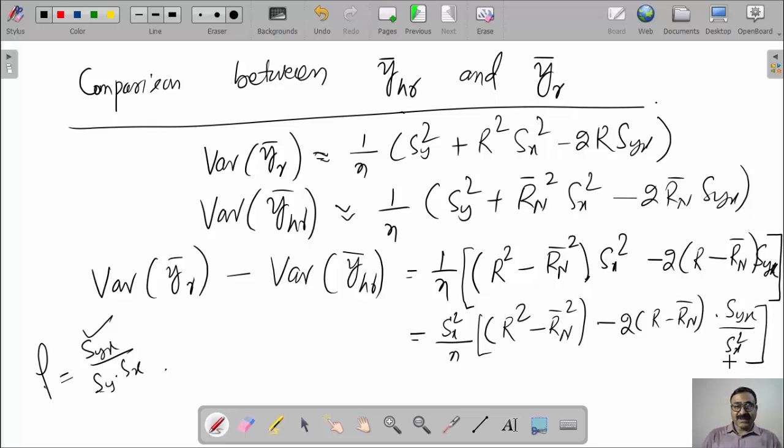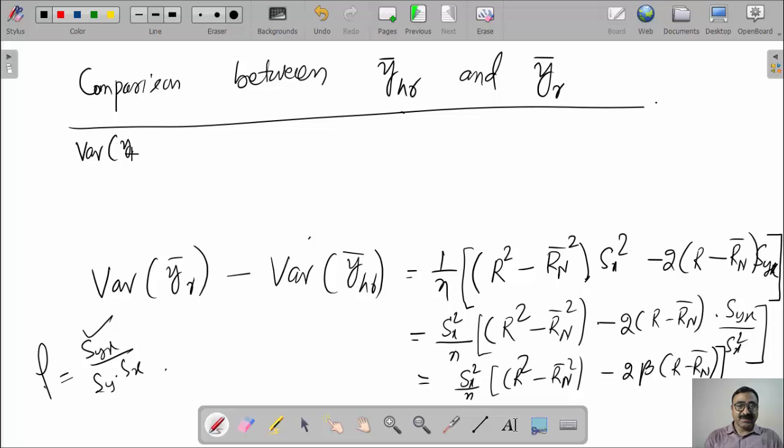Now Syx by Sx square is beta, the regression coefficient of y on x. So now this will be equal to Sx square by n into R square minus Rn bar square minus 2 beta into R minus Rn bar.